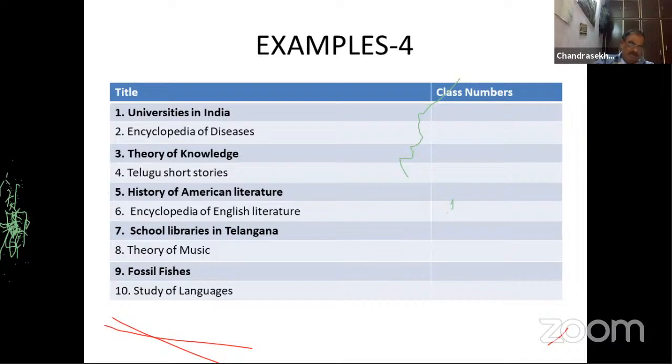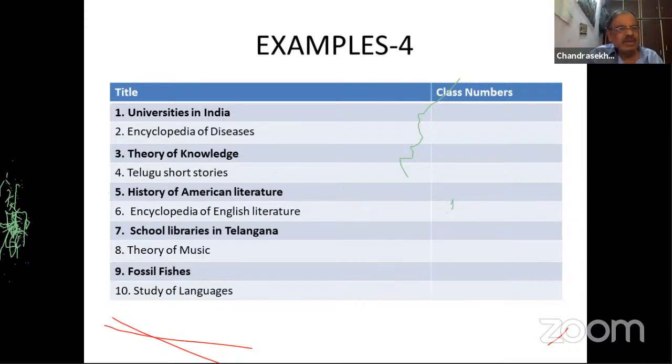So what could be the number? Is there any number for short stories? Yes, short stories, so I'm trying to find out. Short stories, there is a number here. 301. He said 3 is novel, fiction. 301 is a short story. This may often come in the examinations.